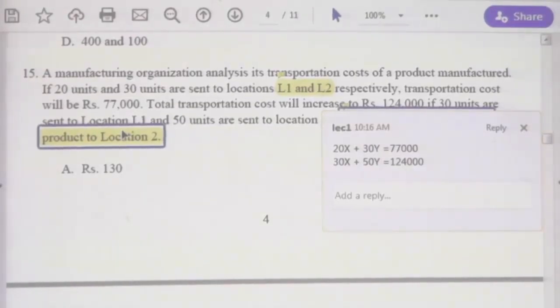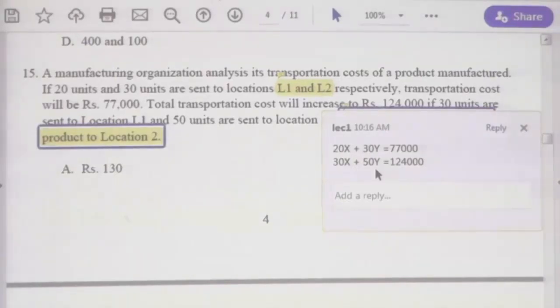But the examiner asks the answer only for L2, right. Therefore, you have to eliminate x from these two formulas and keep only y, then you can directly take the answer for y because they are asking the cost to location 2.